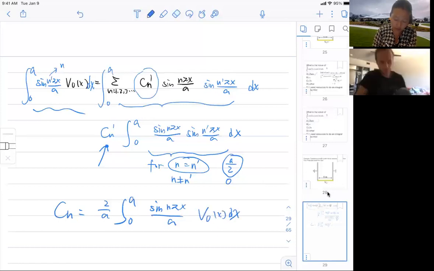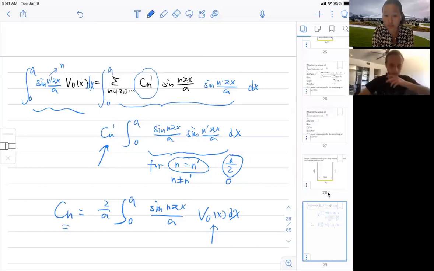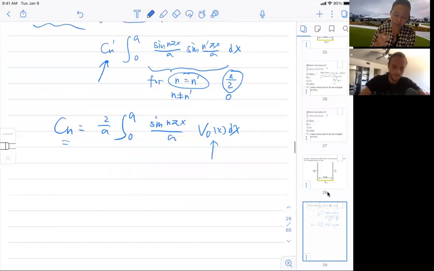So for any given v, you can pick out the Cn that you need. This is the Fourier's trick. But I said I want to set this v to be v naught. So now you set it to v naught, and you can finally be able to solve this. So now you have set v just a constant on the bottom wall.